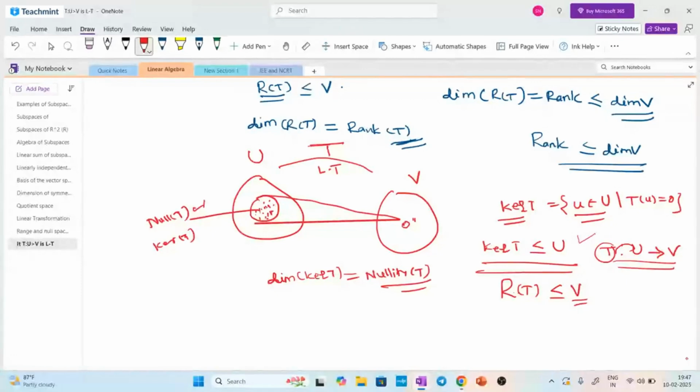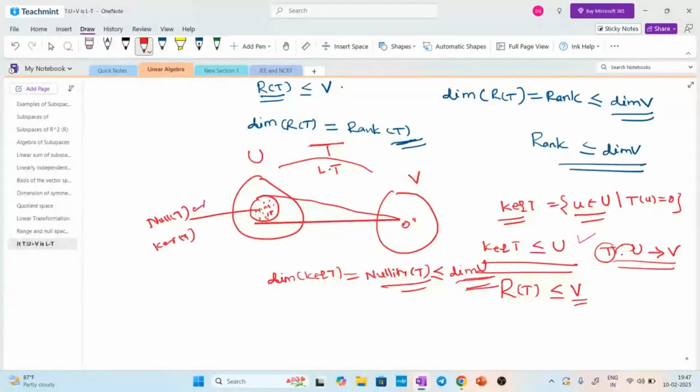That's why the dimension of kernel of T is called the nullity of T. And that nullity of T is always less than or equal to the dimension of U, because the kernel of T is a subspace of U.